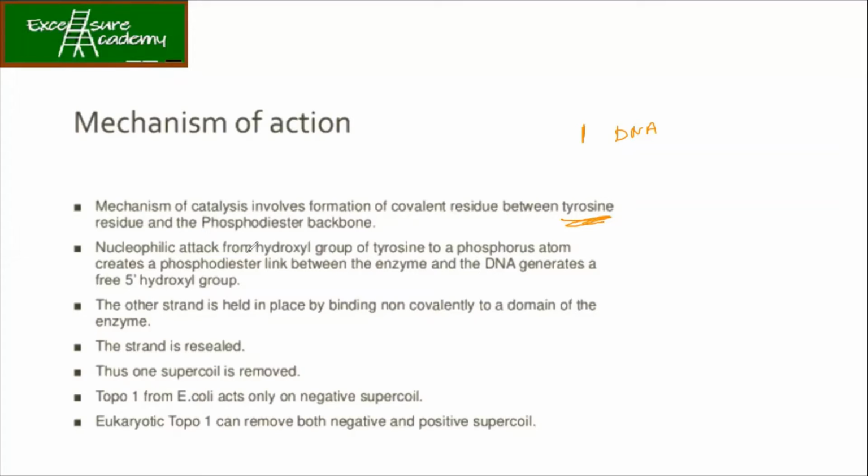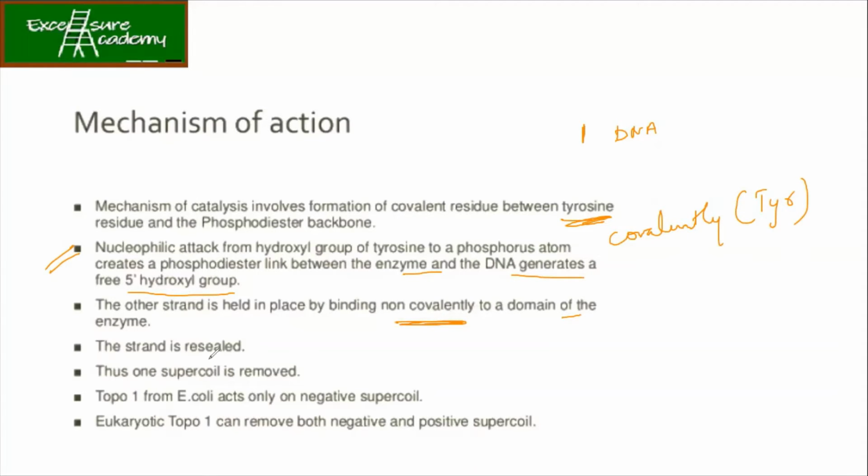Nucleophilic attack from the hydroxyl group of tyrosine on a phosphorus atom creates a phosphodiester link between the enzyme and the DNA and generates a free 5' hydroxyl group. Okay, please understand this. The other strand is held in place by binding non-covalently to a domain of the enzyme. So one is covalently attached to the tyrosine molecule, and the other is non-covalently attached.